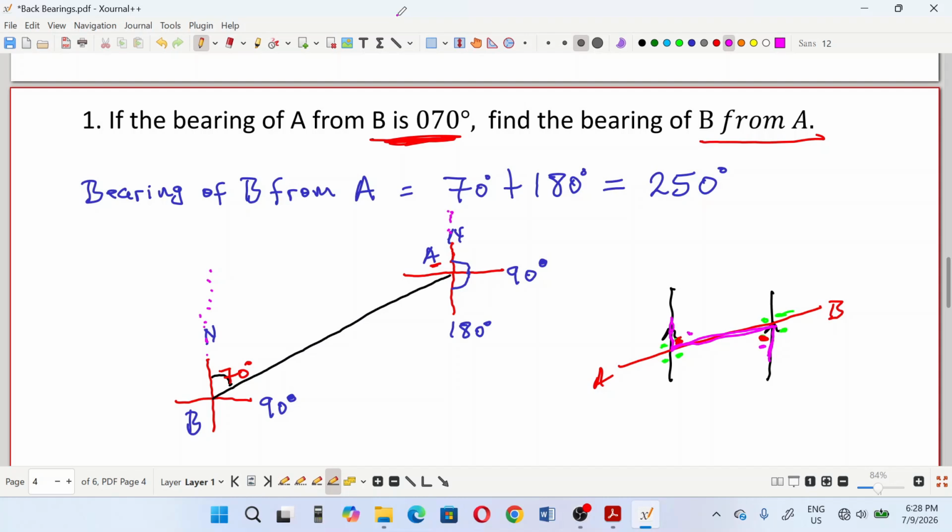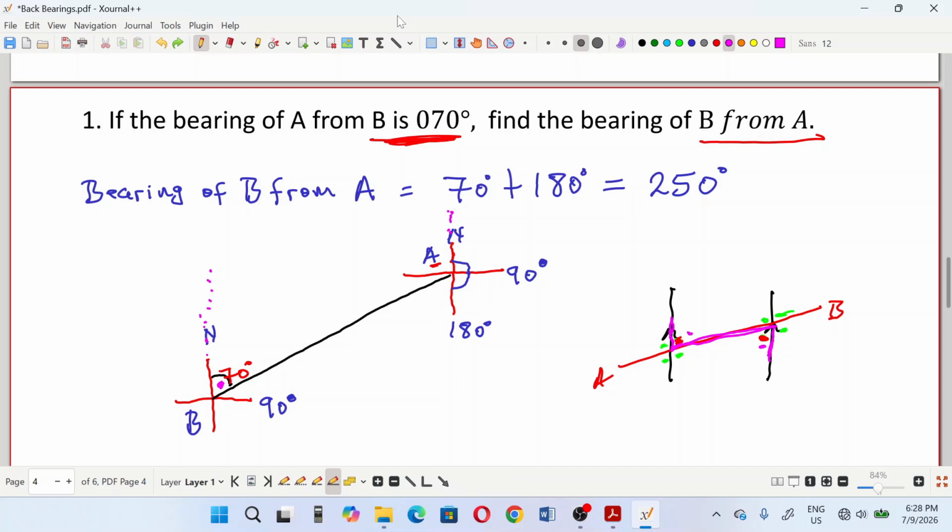You realize that one is forming a transversal, and these are parallel lines. So automatically this angle here is going to be equal to this same angle here, because they alternate. So we're using the idea of alternate angles over there.